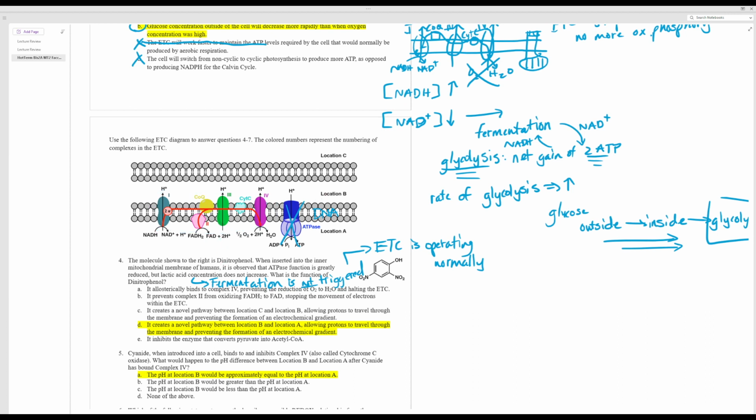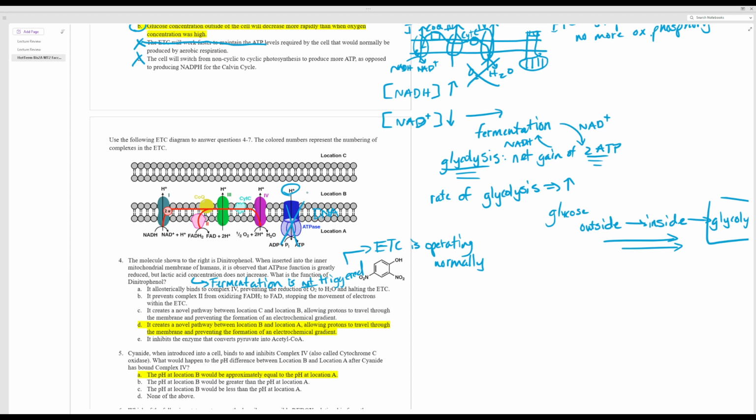Okay, so then we have to ask ourselves, well, why would ATPase function, or ATP synthase function, be greatly inhibited? Well, ATPase function is due to this H plus gradient.